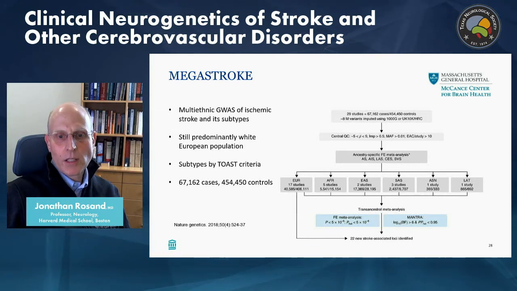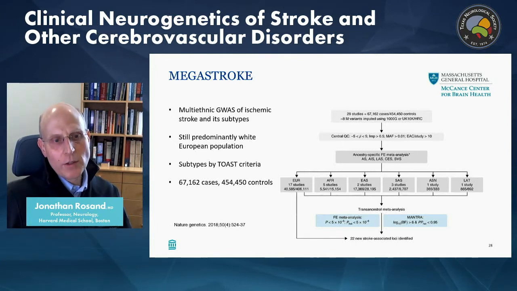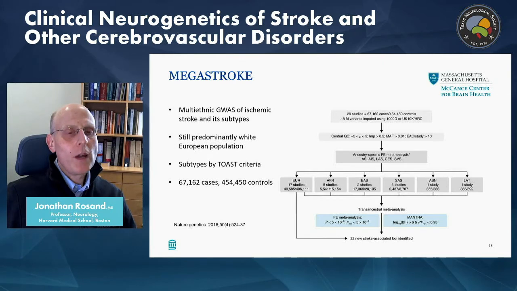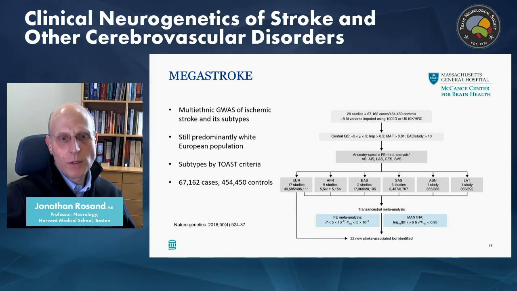So I'm now going to just give you a quick overview of the state-of-the-art ischemic stroke GWAS. It's about to be supplanted. This is MEGASTROKE, and GIGASTROKE is winding its way through review right now at a major journal, which will dramatically expand the number of SNPs or loci associated with stroke.